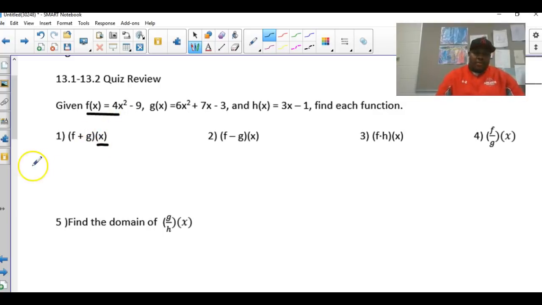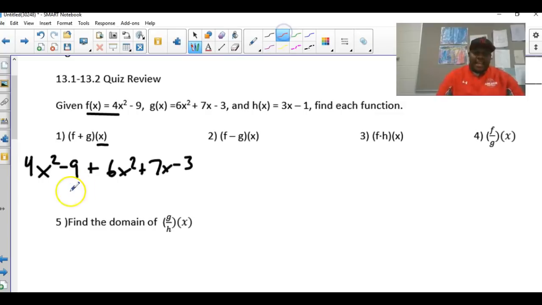So, f is 4x squared minus 9, and we're going to add g, 6x squared plus 7x minus 3. Now, when I add those up, since we're adding, we add like terms. I'm going to look at the squares first, 4 and 6. That's going to be 10x squared. Remember, you add the coefficients.